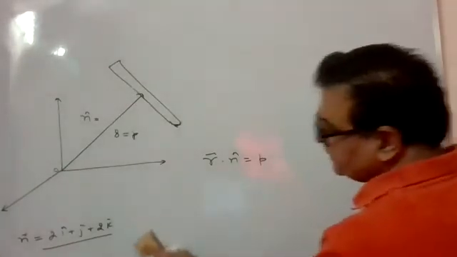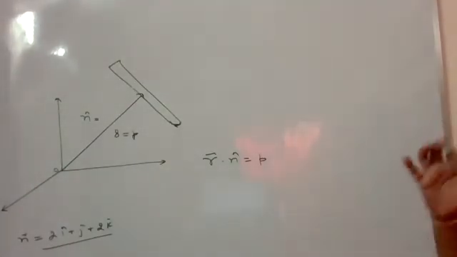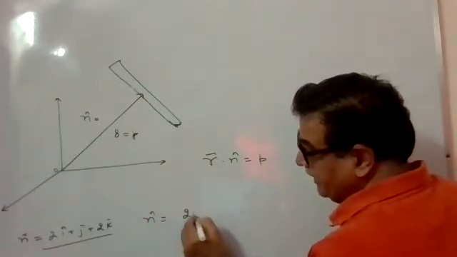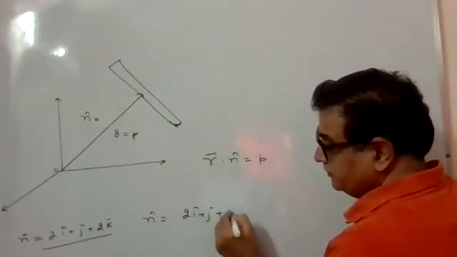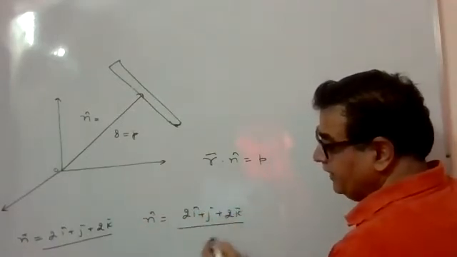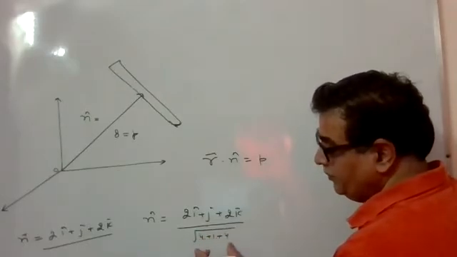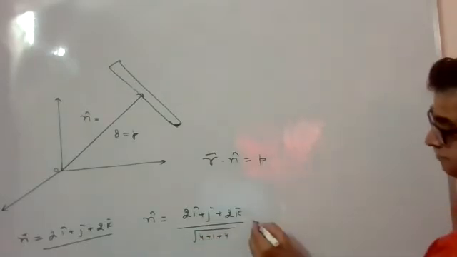So what we do in this case, first n vector is given, so I calculate what is n cap. N cap, when I calculate, this is vector divided by its magnitude, which will be 4 plus 1 plus 4, root of 9, 3 हो जाएगा.